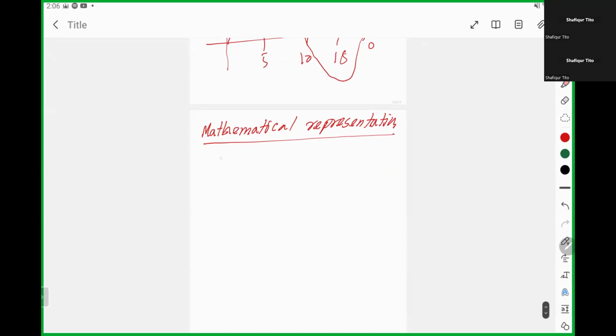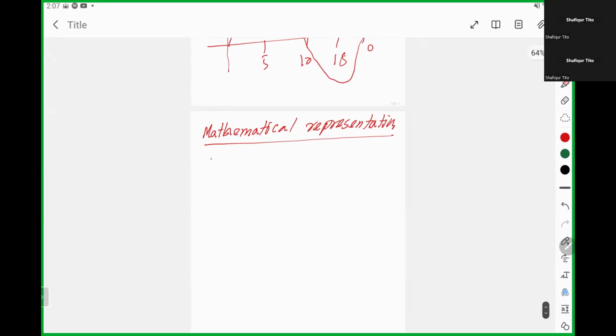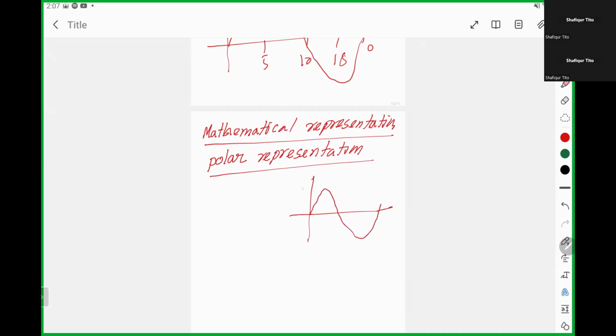So the way we used to represent a sinusoidal signal, we can represent in two ways. One is called the polar representation. So in polar representation, I have a sinusoidal signal. Let's take the previous example. My drawing is not accurate, but you can assume this is my sinusoidal signal. This is 20 millihertz.